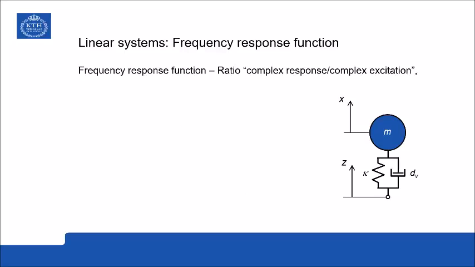And the frequency response function, as we know from an earlier presentation, is the ratio of the complex response over the complex excitation. And in our case, of course, the response is x, the displacement x, and the excitation is the displacement z. So mathematically you can formulate it in this way, this ratio, as function of frequency.